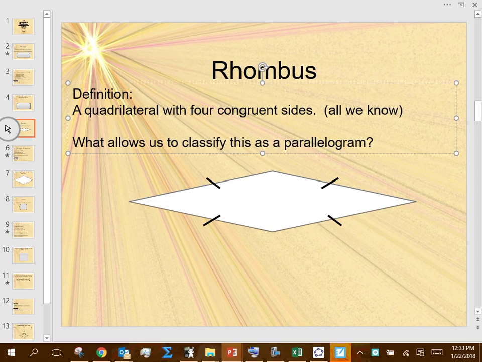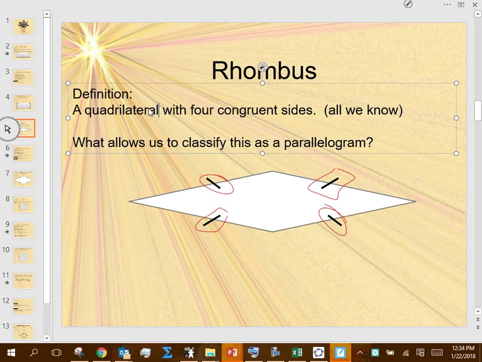But think about this. If by definition it's 4 congruent sides, would you agree that that side is congruent to that side? So you have one pair of opposite sides congruent, right? Would you agree that that side is congruent to that side? So you have a second pair of opposite sides congruent, right? And we had a theorem in 6.3 that said if both pairs of opposite sides of a quadrilateral are congruent, which is what we got going on here, right? Both pairs of opposite sides are congruent.